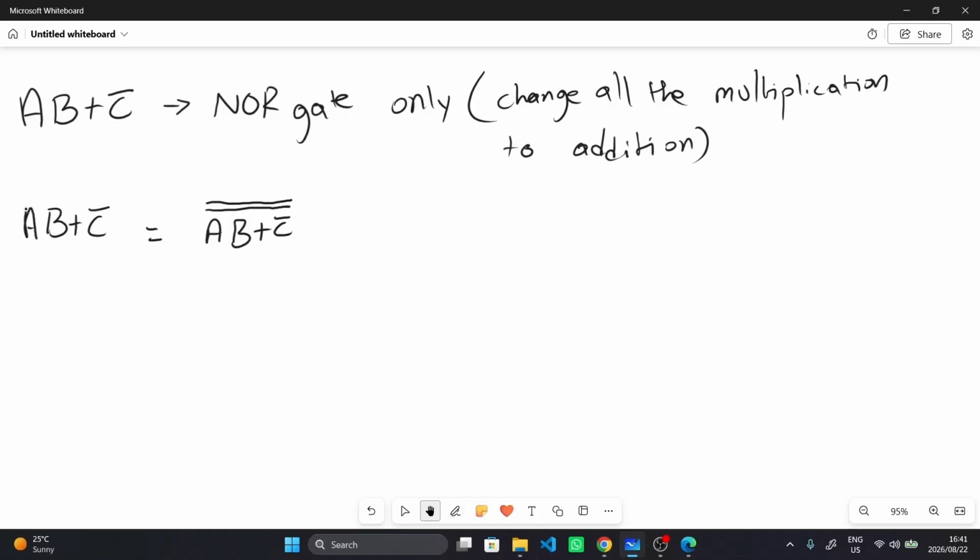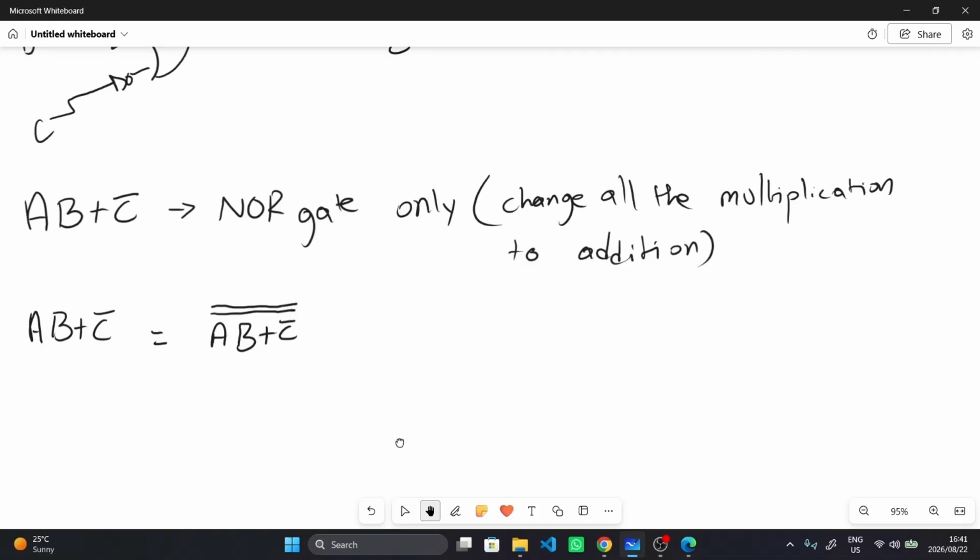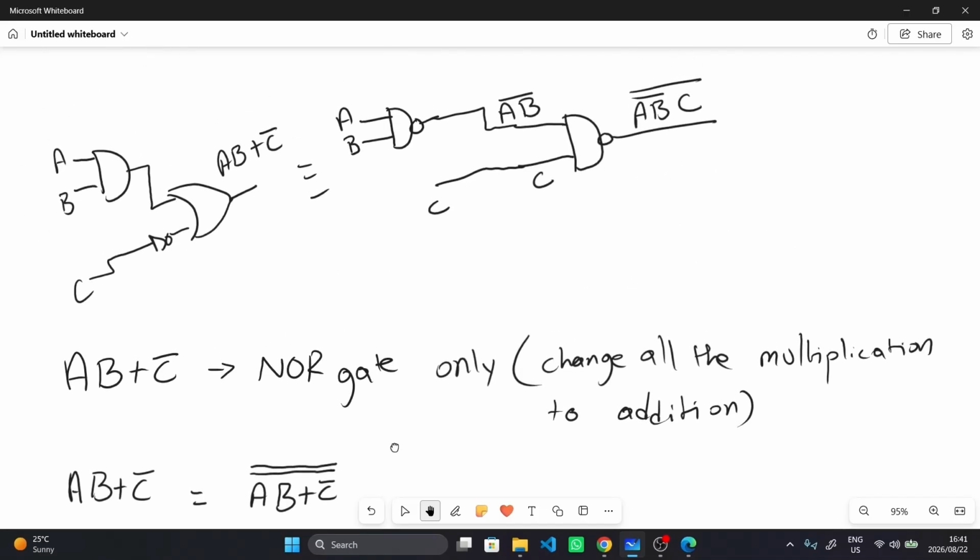So we don't need to break this bar here, right? Or break this addition into multiplication, right? We only need to do it with these two here. So it will be something like this.